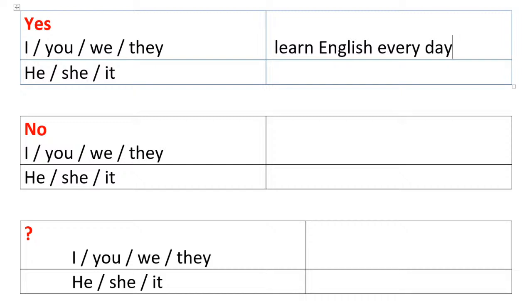So if we have he, she, or it, what do you think happens with learn? Instead of learn English, for he, she, it, you would add s to the verb.